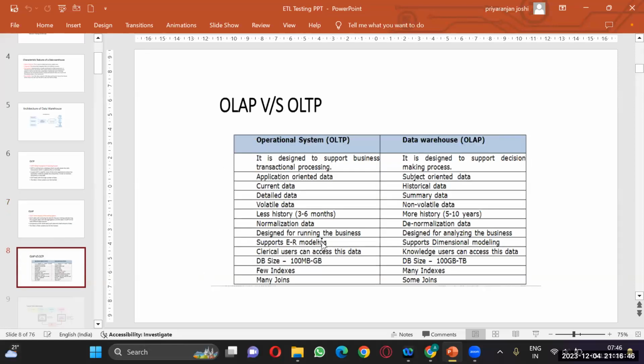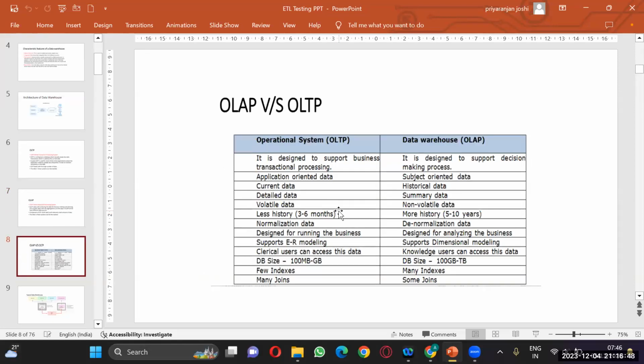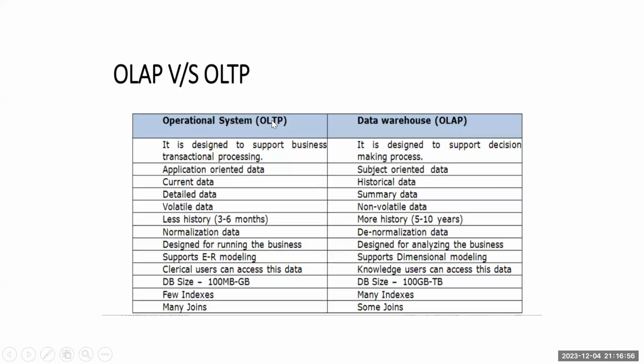Okay. Now coming to the difference between OLTP and OLAP. OLTP stands for online transactional processing, and OLAP is online analytical processing. OLTP is used for our day-to-day transactions.